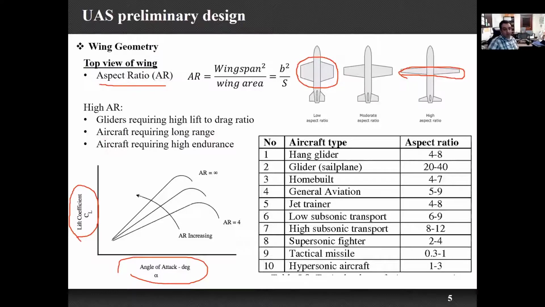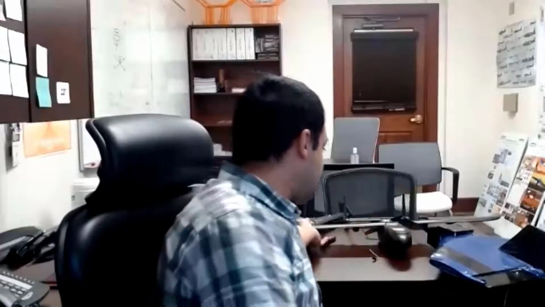Now, in the three different airplanes I showed you, since this wing has a higher aspect ratio, it can fly further. It means it has a higher range of flight. Also, it can fly for a longer time with higher endurance, again because of the higher aspect ratio.